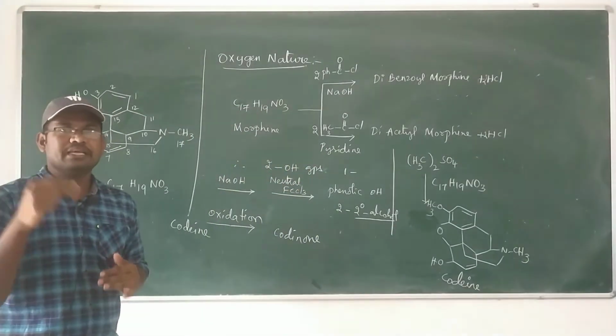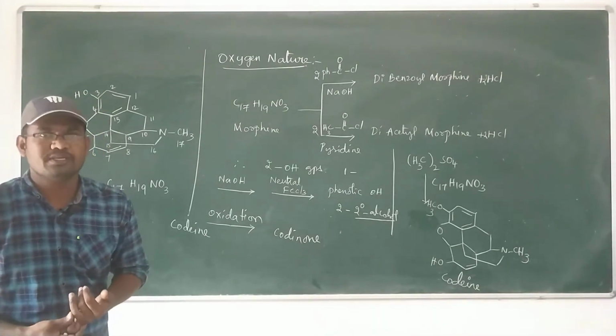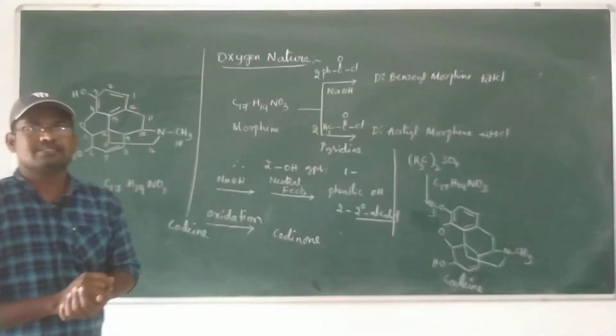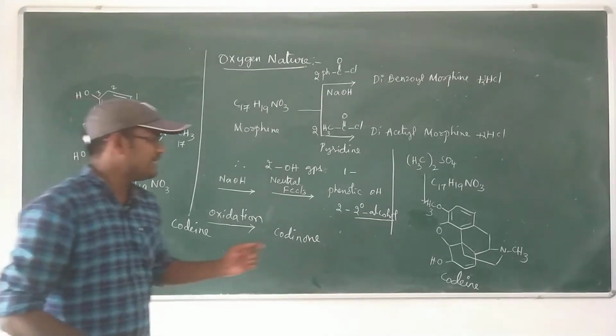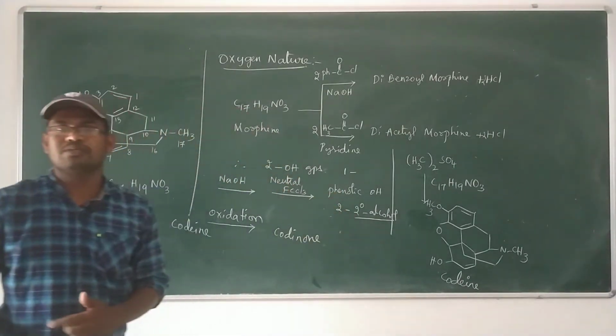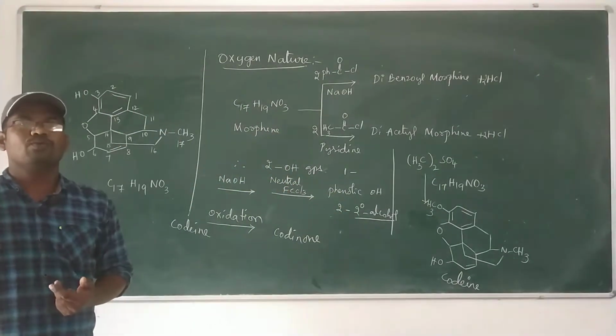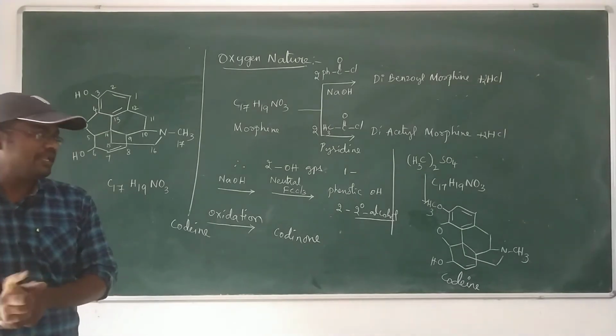Only primary and secondary OH groups are eligible to oxidize to a carbonyl compound. So when OH is converted into C=O, that OH is a secondary alcoholic group.